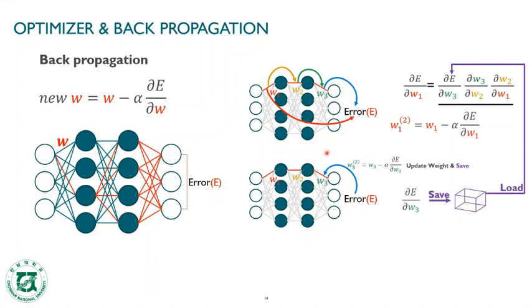Then once you have all the data stored up to here, those values are used to get the weights in the earlier layers. That is called backpropagation, and again, it makes the learning process much faster and numerically very efficient.